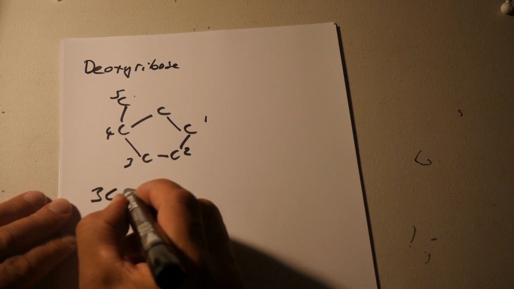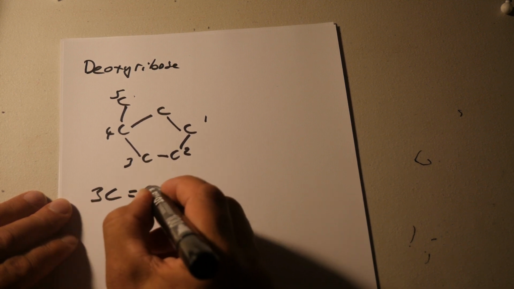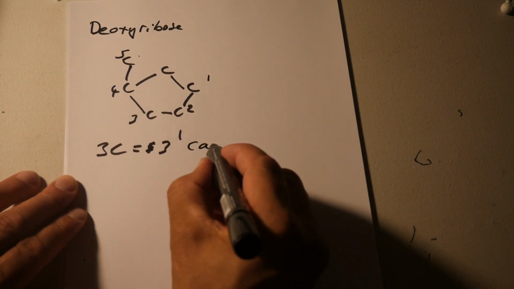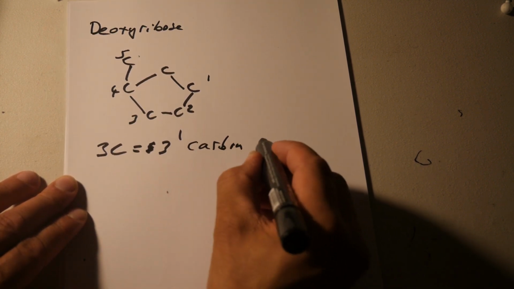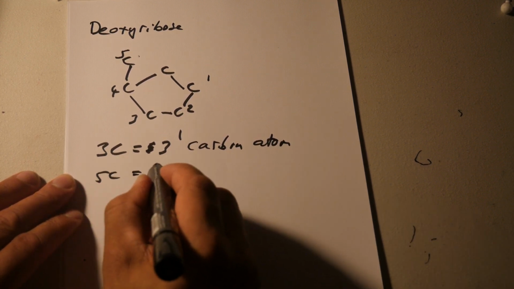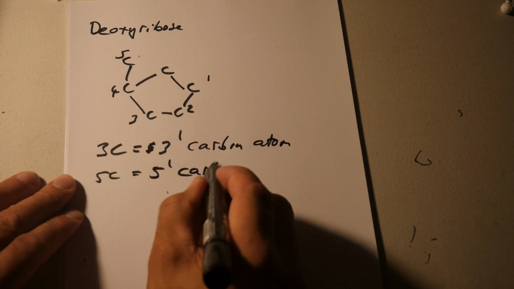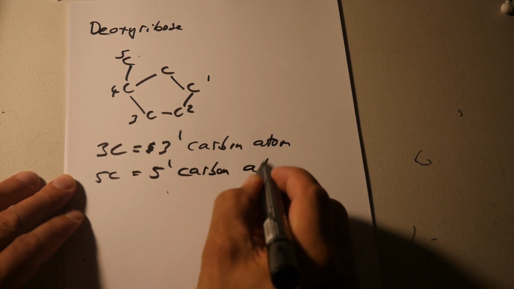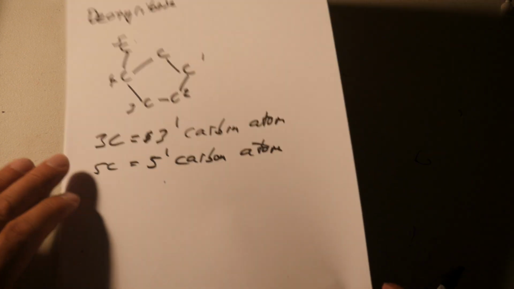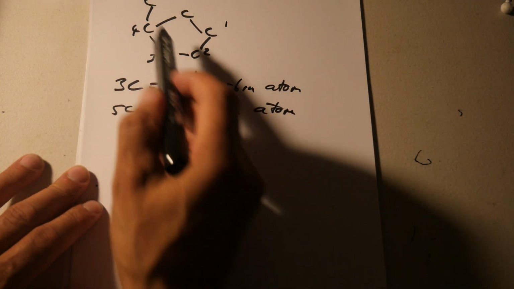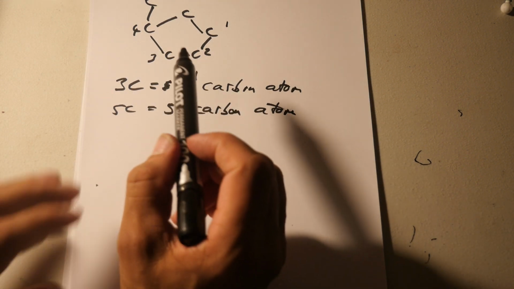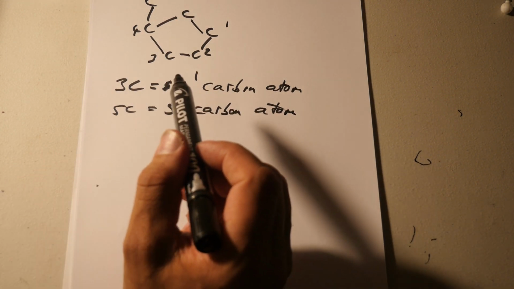The 3 carbon is normally called the 3 prime carbon, and the 5 carbon is the 5 prime carbon. In the DNA structure, you hear about 3 and 5 prime. That's where that comes from: the 3rd and the 5th carbon of the deoxyribose sugar.